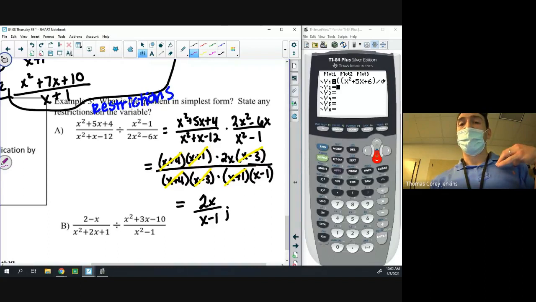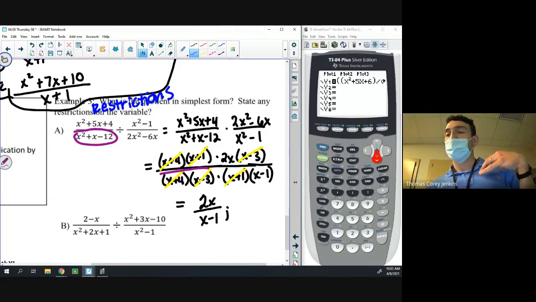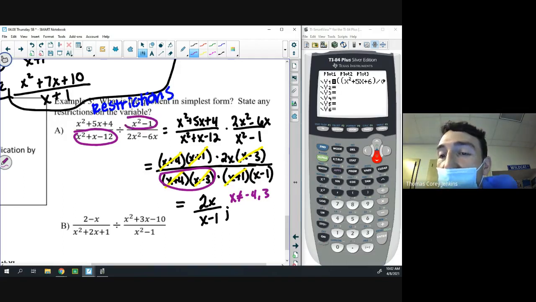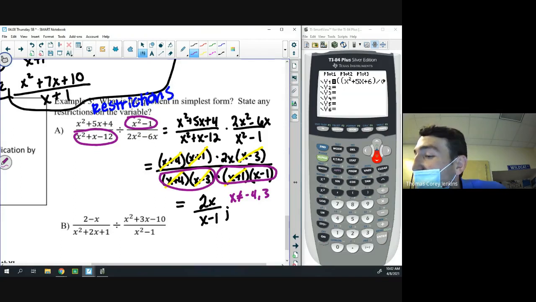So like this one. That matches up with this, right? So from that, we'd say x can't be -4 or +3. Okay, we also said this one would be included, which is that. So x can't be plus or minus 1.